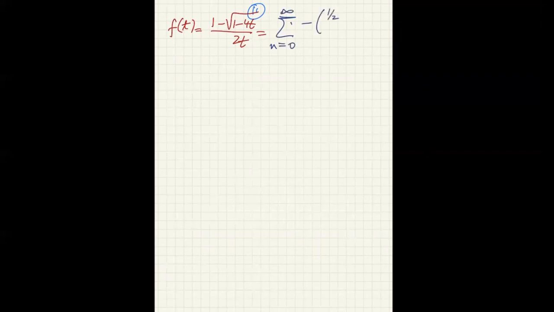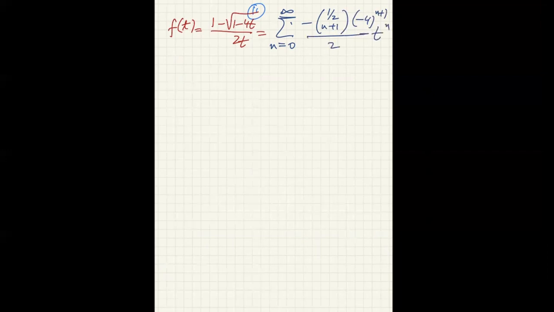So from this formula, over 2t, you can write this using the binomial formula. So this is going to be the summation n equals 0 to infinity, something of the form minus 1/2 to the n plus 1, minus 4 to the n plus 1, divided by 2, t to the n.